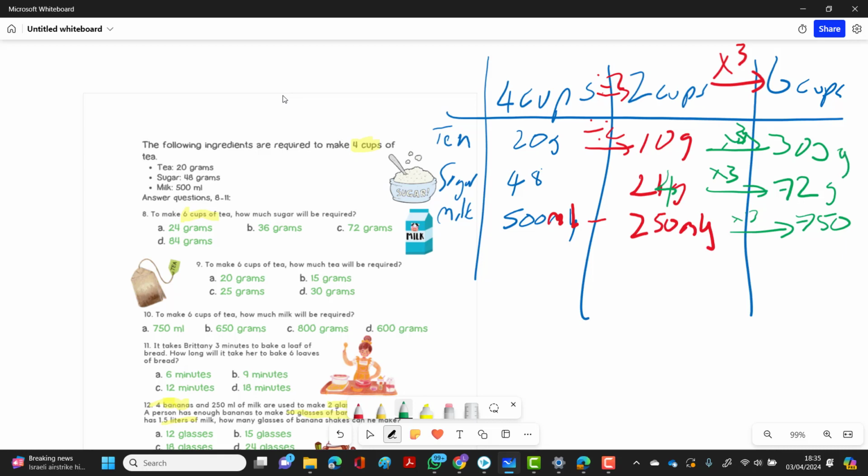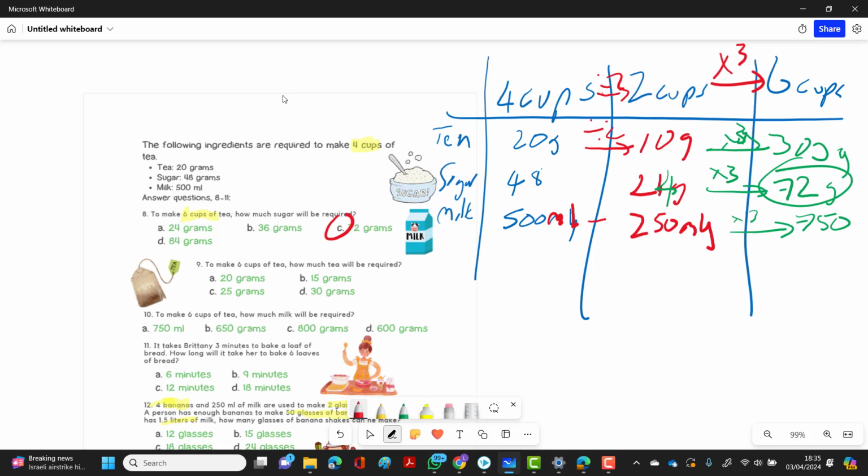Okay, so now we should answer this. How much sugar will be required? Sugar is 72, so 7 is C. Question 8 is C. Okay, 9: 6 cups, how much tea will be required?